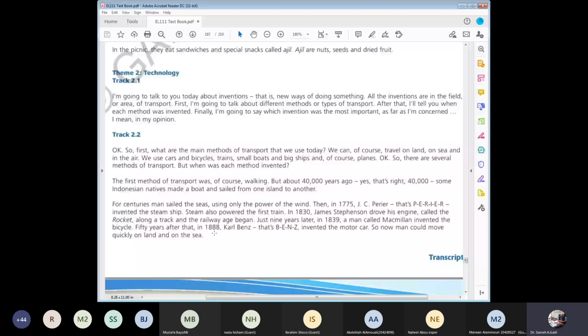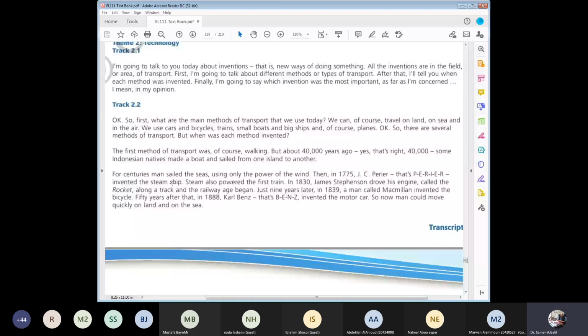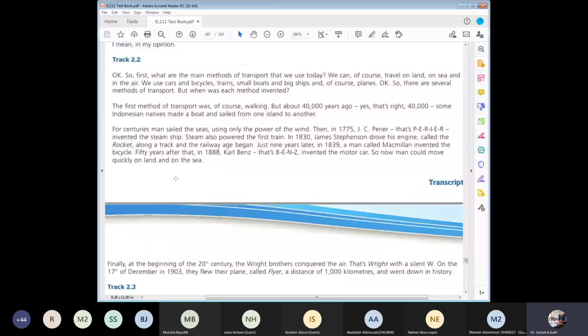I would like you to read it and see what will come out. So it's 2.2, everyone.